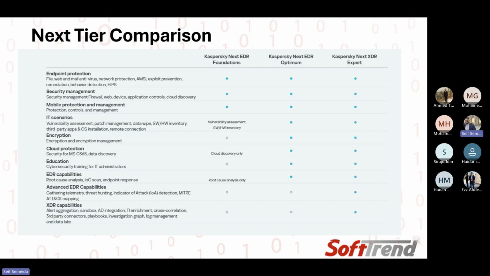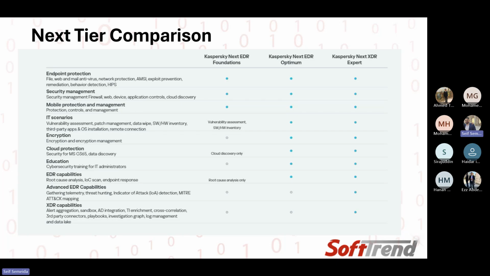Obviously, as we move from one plan to another, the optimum has all the features that are provided in the foundations, in addition to patch management. We also have data wipe, third-party application and OS installation, and remote connection. So we'll go over these quickly.